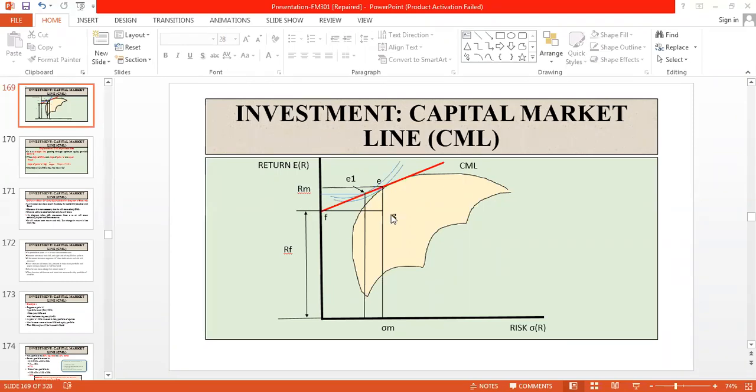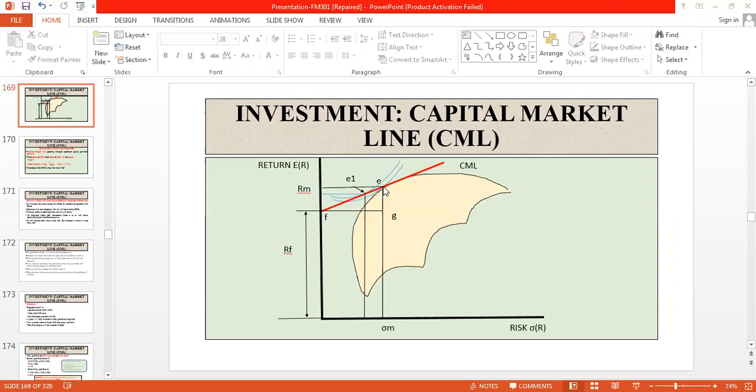I note that the red line has started from a point on the y-axis which indicates the risk-free return of the bond. Then it has become tangent at point E. Already we know that point E is the optimum portfolio of equity shares that has been developed in the Markowitz model.